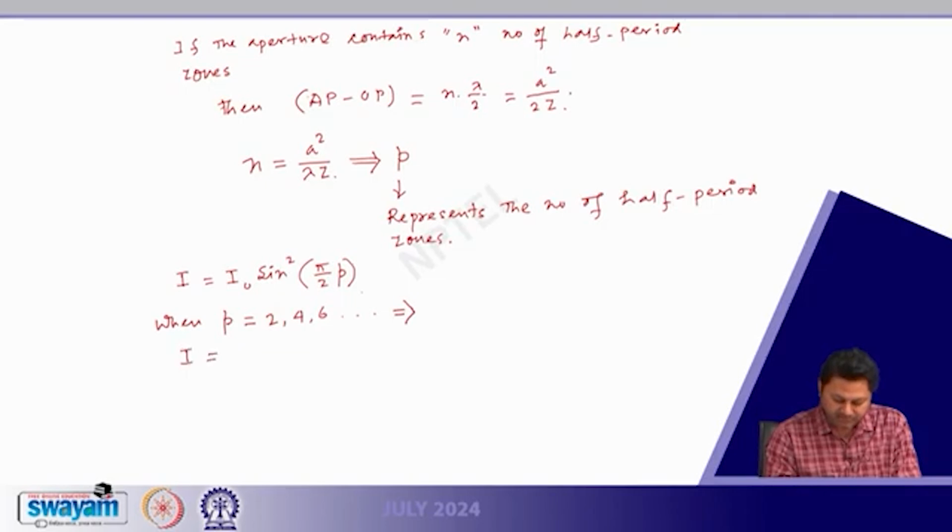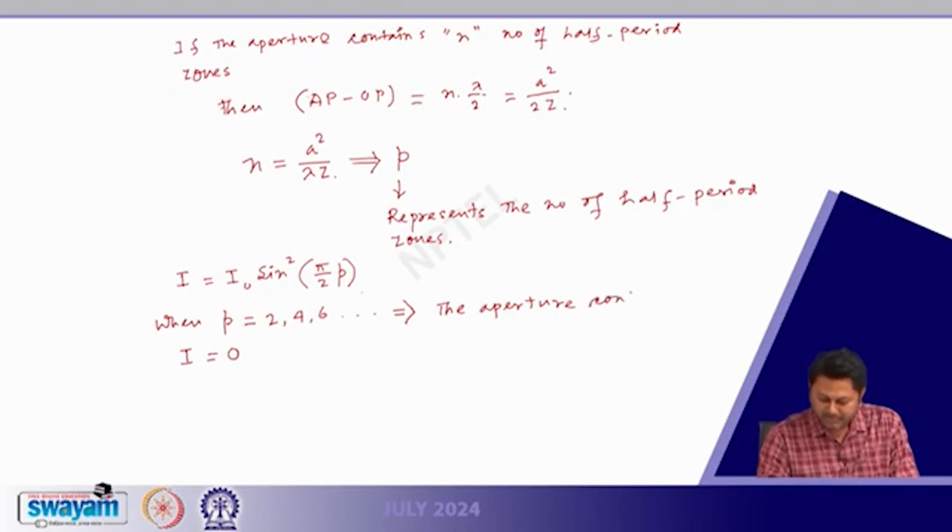That means the aperture contains an even number of zones.